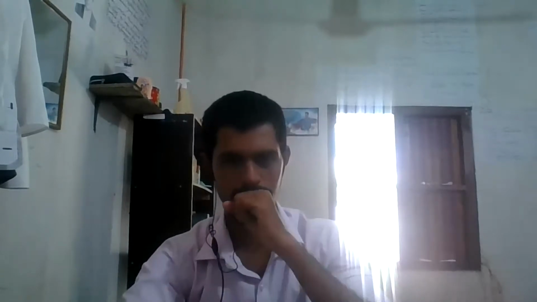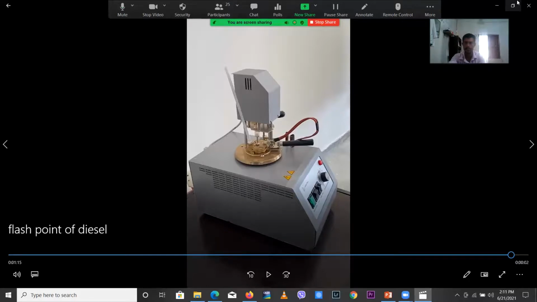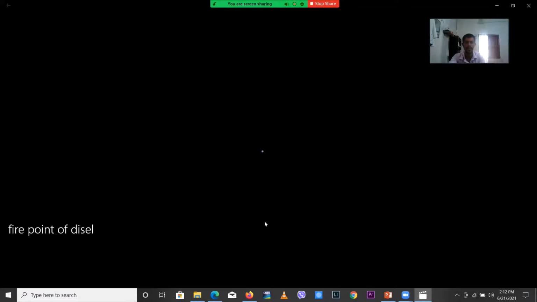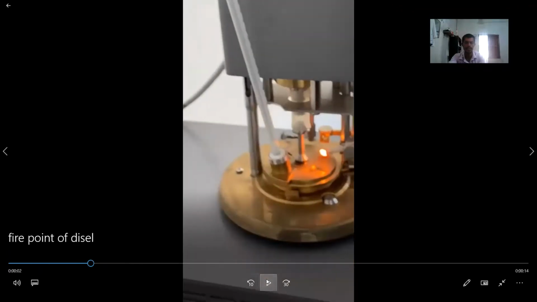So, see, in here also there will be a small sound, but it is not like the flash point pop sound, it is a very low sound, and there will be a flame continuously for more than 1 to 2 seconds, you can see.